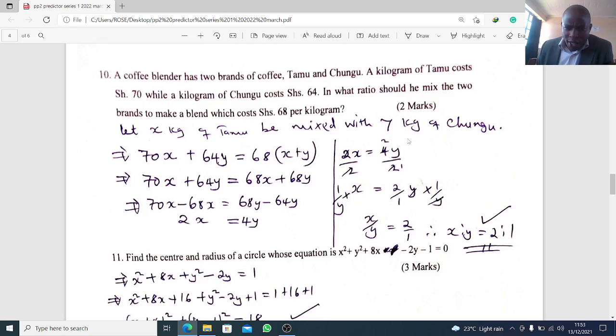To remove the y here, I multiply by 1 over y, so the y's cancel. So x over y equals 2 over 1. Therefore x is to y as 2 is to 1, where x was the Tamu and y was the Chungu.